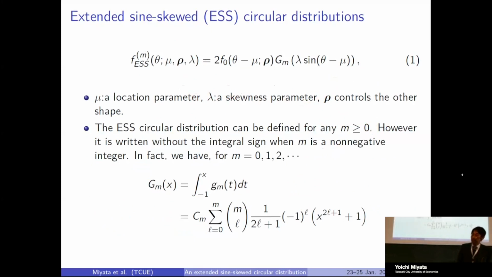The ESS circular distribution can be defined for any non-negative value, but it's written with that integral sign when m is a non-negative integer. Actually, for m equals 0, 1, 2, and so on, capital Gm of x is written as a polynomial function of x. So it's easy to evaluate the log likelihood function.